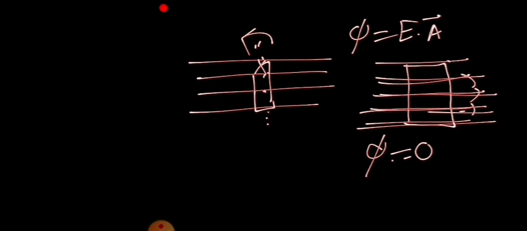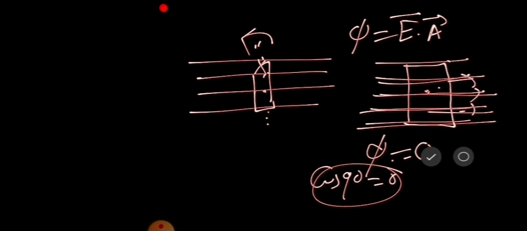They are not passing through, and in this case the flux passing through the area will be equal to 0. Mathematically, phi is equal to E dot A, EA cos theta. Now the area vector is perpendicular to the surface, so the angle between it and the electric field is 90 degrees, and cos 90 is equal to 0. So they are not passing through. So it also depends on orientation how much flux passes through.